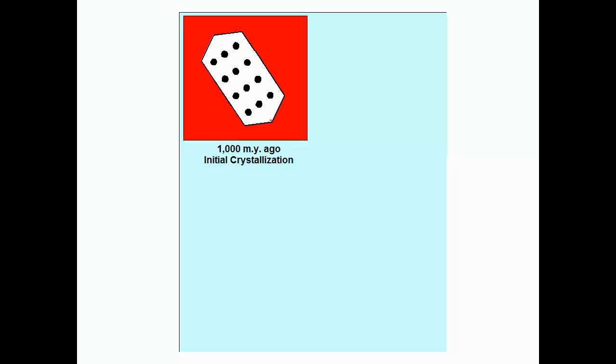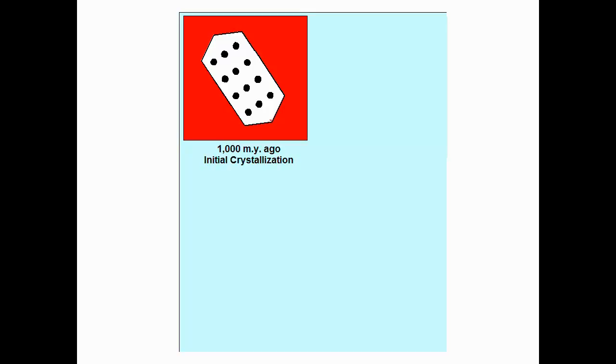Let's say that 1,000 million years ago there was a magma that crystallized a mineral starting out with 100% parent isotopes, as indicated by the black dots in this figure. Now, the magma eventually completely crystallizes to an igneous rock.